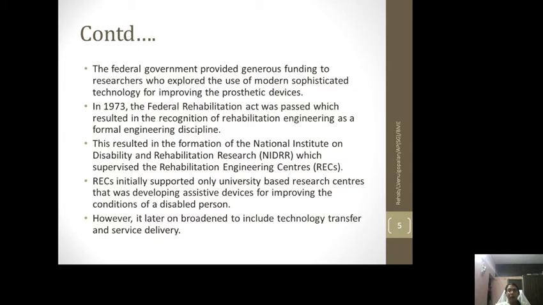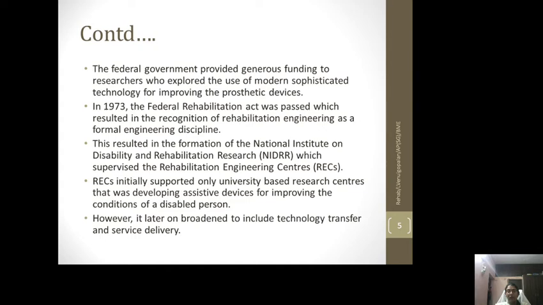So you require a governing body that's keeping an eye on you while you are rehabilitating people, and that's what NIDRR did. So RECs initially supported only university-based research because they thought that universities are the ones that are developing devices that will be used.